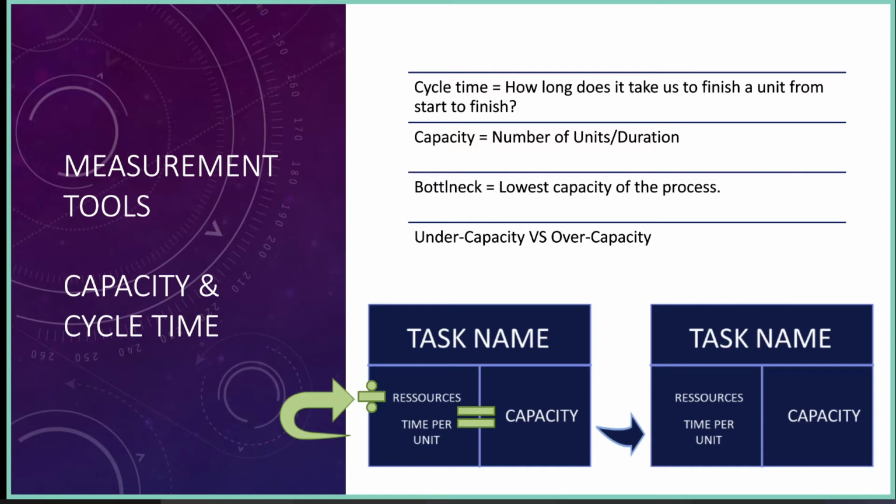The most important thing about this is that your total capacity is always limited by the lowest capacity of the process. For example, if we bake cake and we have one oven and we need to put every cake singularly through that oven and it takes way more time than every other step, this will still be our cap for the capacity. And we call this the bottleneck.